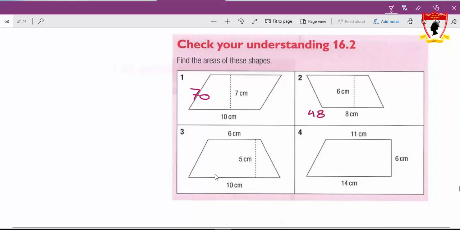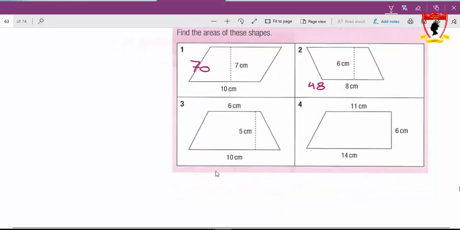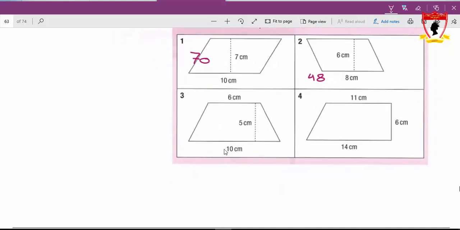This shape is a trapezium. Then we will say 1/2 times 6 plus 10, times height. 6 plus 10 is equal to 16.